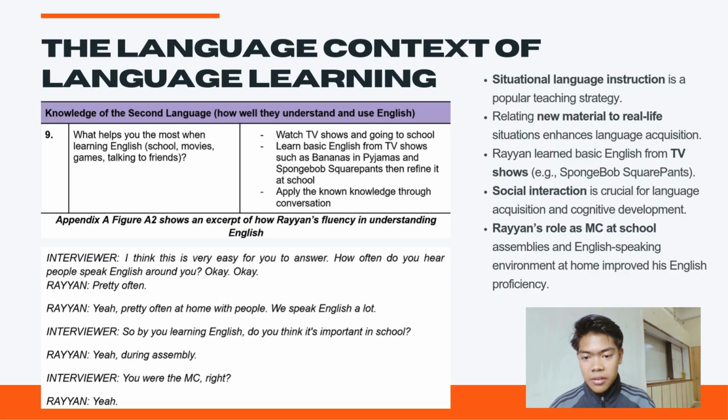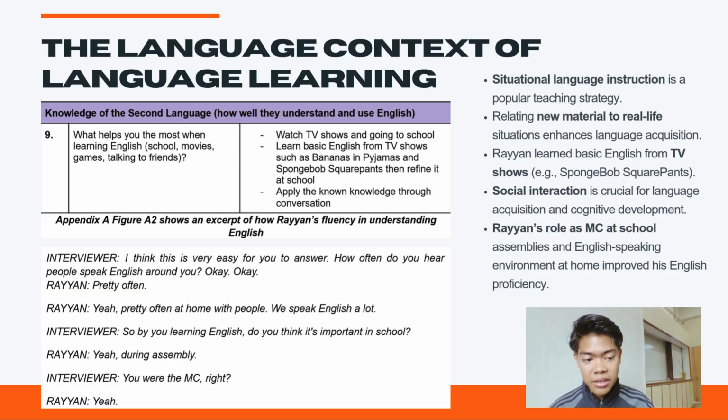Now, Ryan actually learned basic English from TV shows, for example SpongeBob SquarePants. As you can see on the left side of the slide, the purple colored table shows an excerpt of Ryan's fluency in understanding English.